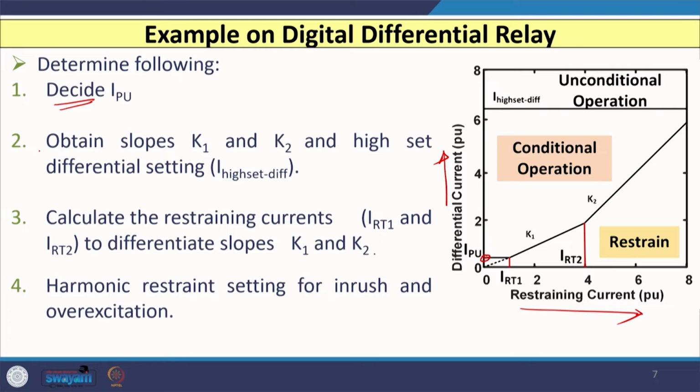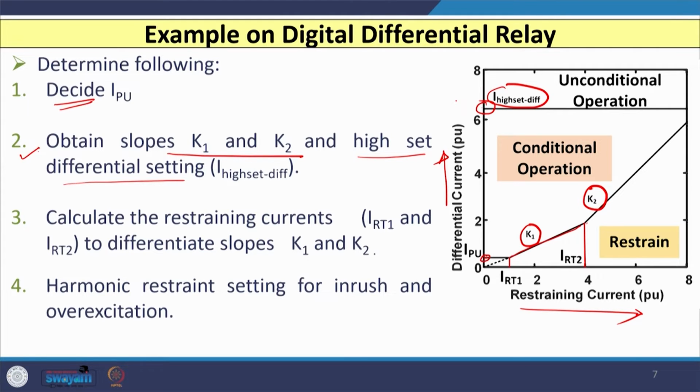The second thing is we need to obtain the slopes, as we are assuming a dual slope characteristic. We need to calculate the values of the two slopes, k1 and k2. This is your first slope and this is your second slope. Then you also have to determine the value of the high set differential setting, I high set differential, which is on the x axis.